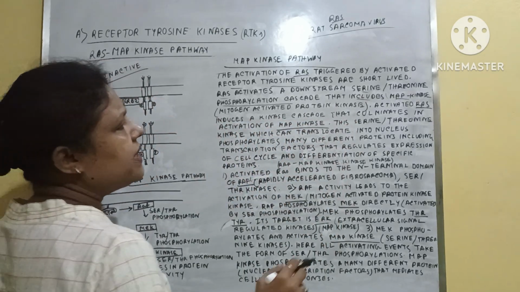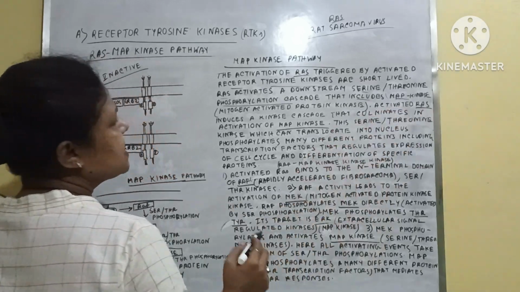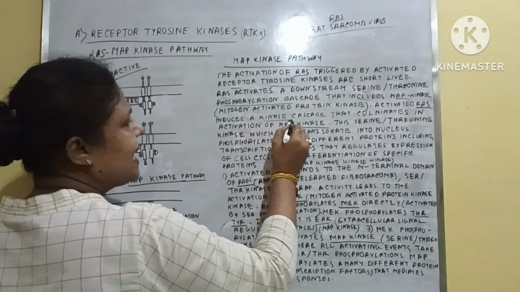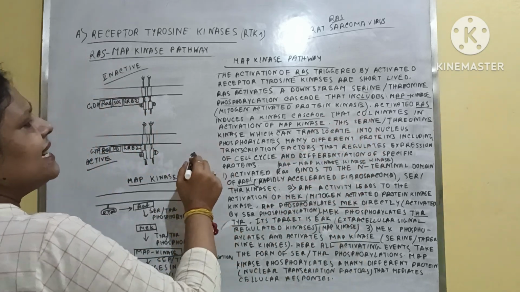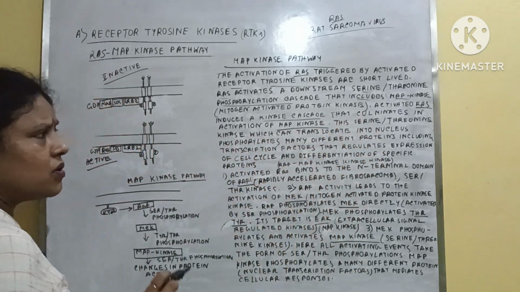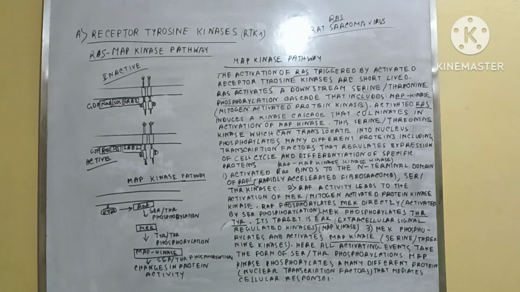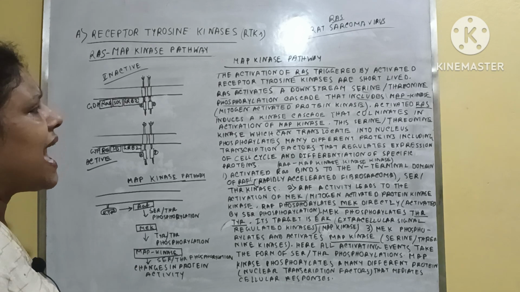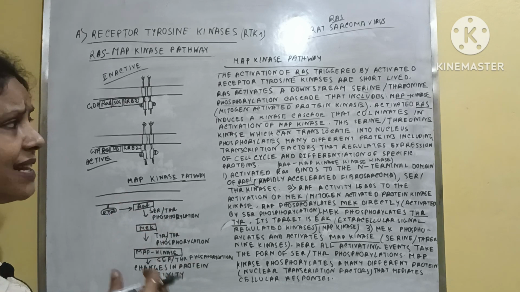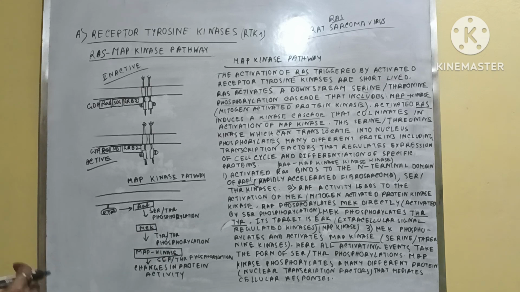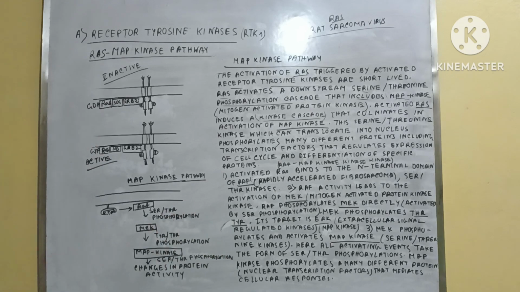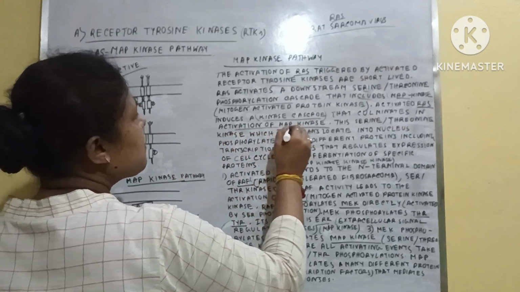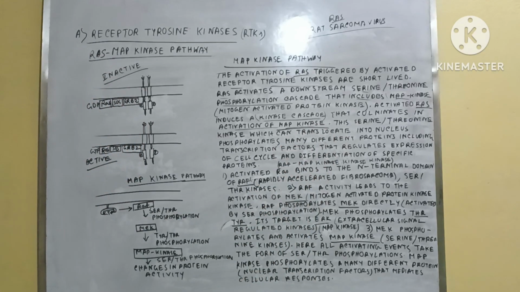So here what is happening? First, activated RAS induces a kinase cascade, and that activates the MAP kinase. Okay, first the RAS becomes activated, and this induces a kinase cascade, and this kinase cascade is actually the activation of the MAP kinase pathway.